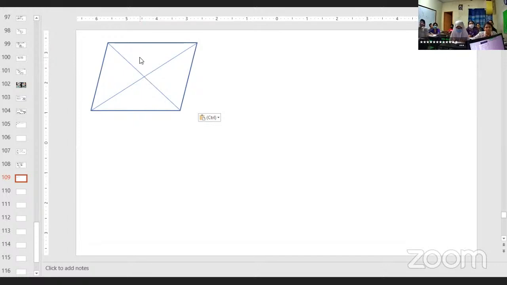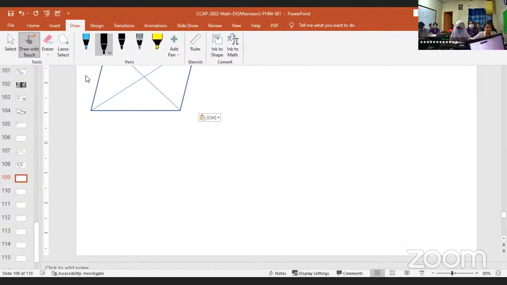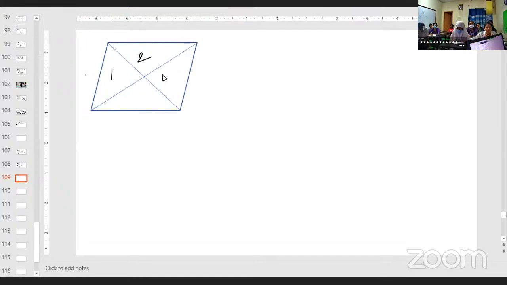If you number them 1, 2, 3, 4, then 1 is equal to 3 and 2 is equal to 4. So the height of this triangle, or the distance from this point to this line, will be equal to the distance from this point to this line. You understand what I mean by distance from a point to a line segment, right?